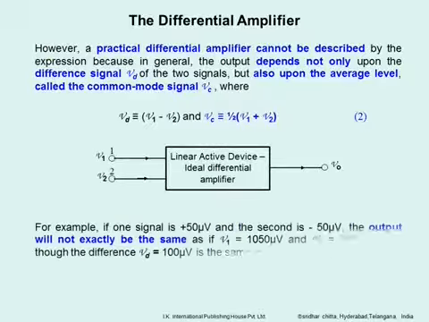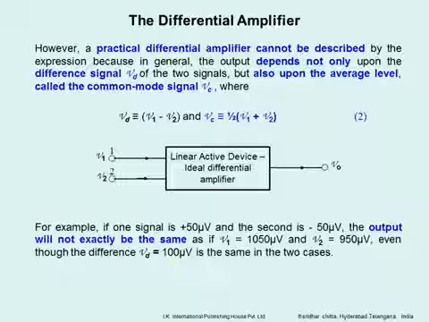For example, if one signal is plus 50 microvolts and the second is minus 50 microvolts, the output will not exactly be the same as if V1 is equal to 1050 microvolts and V2 is equal to 950 microvolts, even though the difference Vd, which is equal to 100 microvolts, is the same in the two cases.